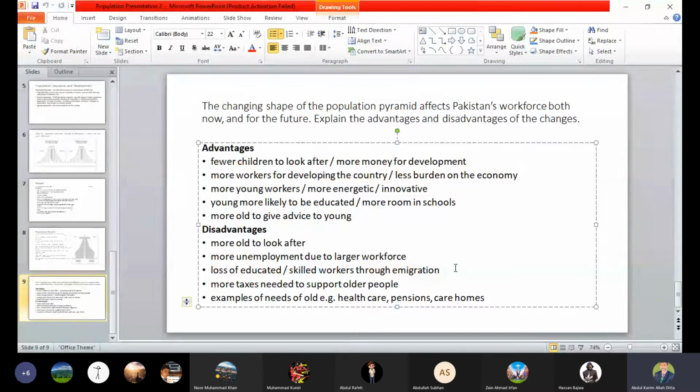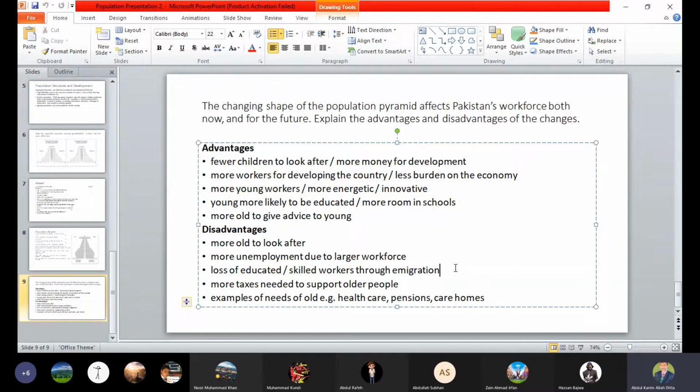You know that a lot of people emigrate from their country to other countries. So definitely it's a loss for the country. We use one term for this purpose, and that is brain drain. Brain drain is happening from Pakistan and some other developing countries.